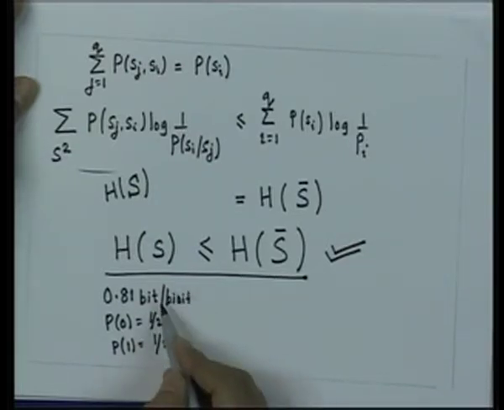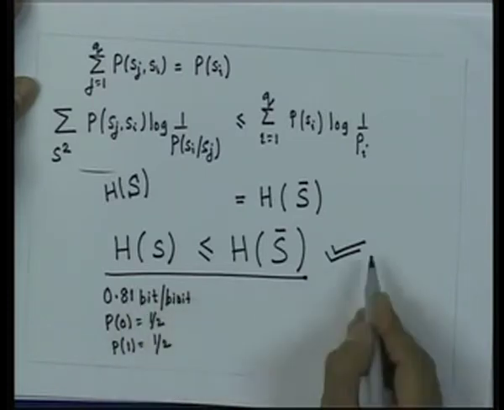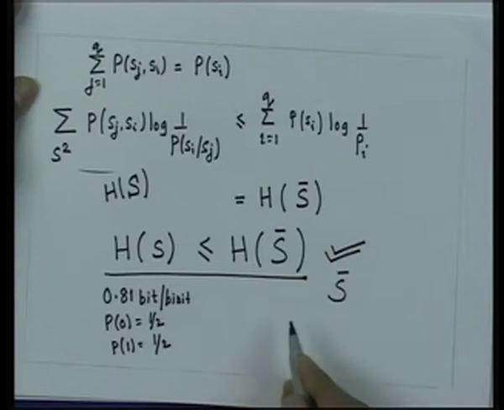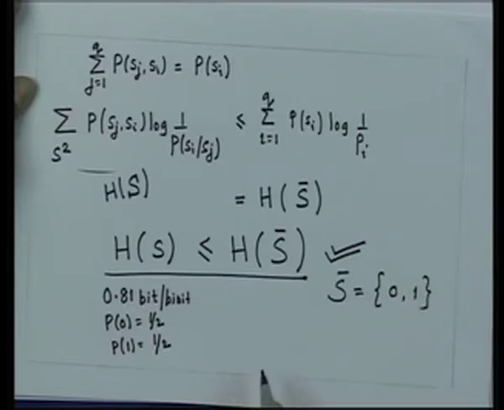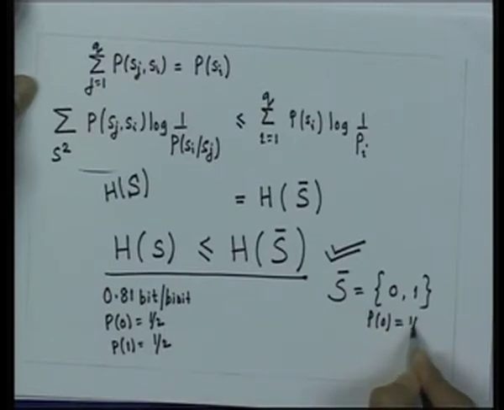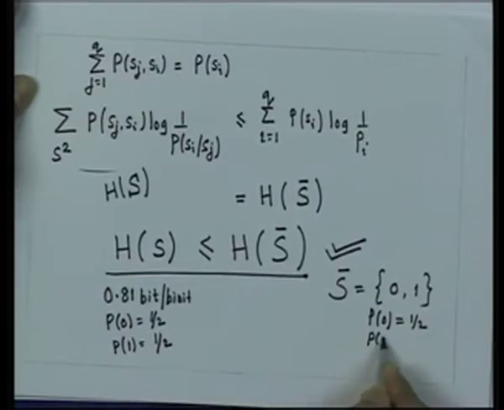So, my adjoint source for the example which we considered earlier, S bar, would have a source alphabet consisting of 0 and 1, and my probability of 0 would be the same as my unconditional symbol probabilities for the source S, and that is equal to half, and probability of 1 is again identical, a half.